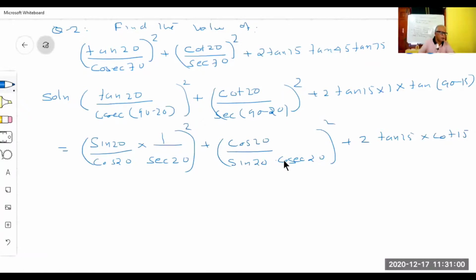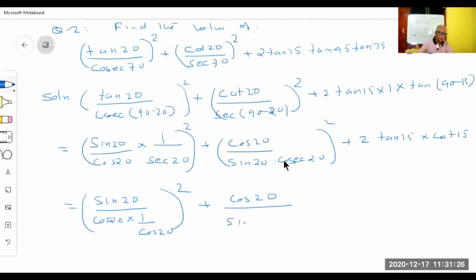Now what is sec 20? 1 by cos 20. So sin 20 by cos 20 into 1 by cos 20, the whole square, plus cos 20 by sin 20 into 1 by sin 20, the whole square, since cosec 20 is 1 by sin 20.